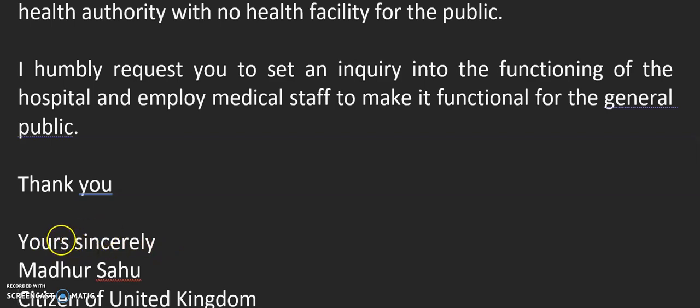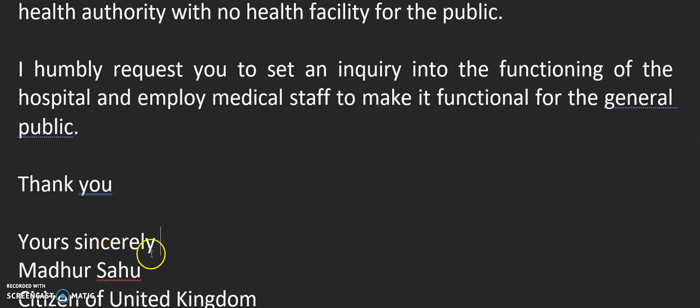Please make a note that there is no apostrophe with yours, because it is a formal letter. And then you write your full name, the first letter capital, the surname with the first letter capital, and then you write certain designation or certain additional information about yourself.